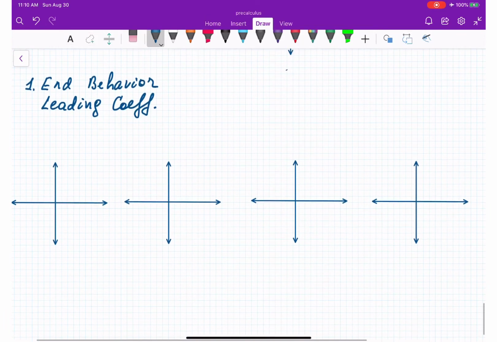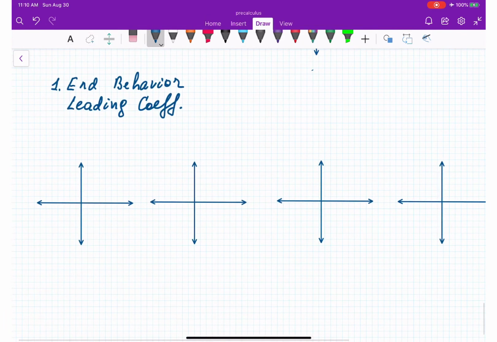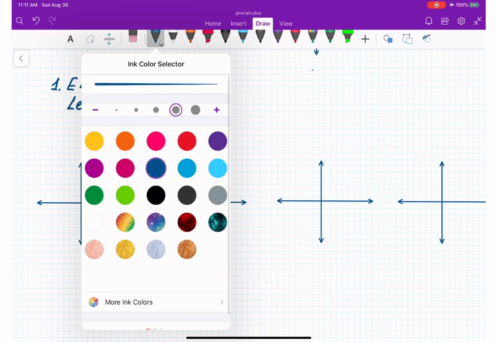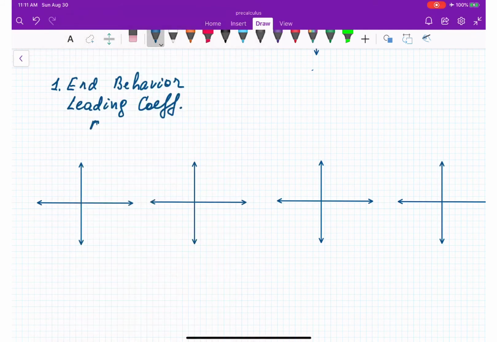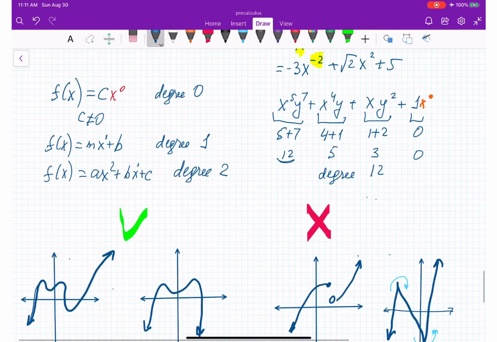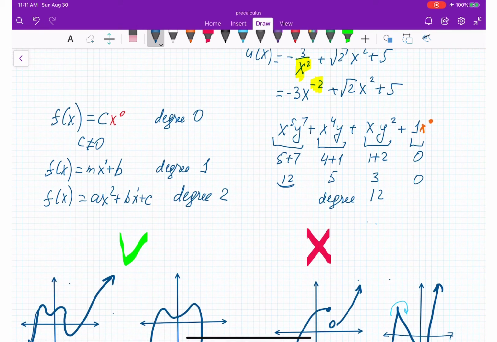Okay. So, first of all, we are looking at end behavior based on leading coefficient. For that, we need to look at the degree of the polynomial, the highest degree of the polynomial. Remember, we learned the highest degree of a polynomial based on the highest term, right?